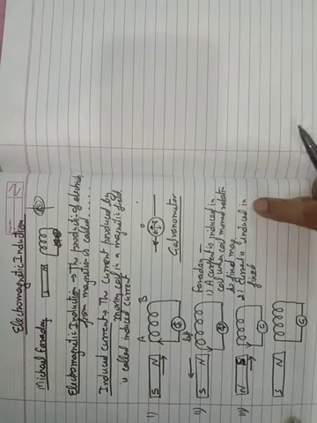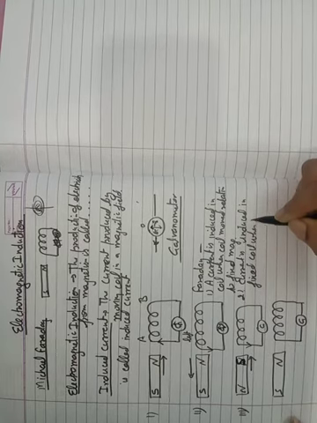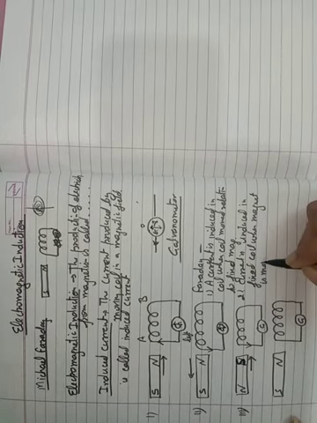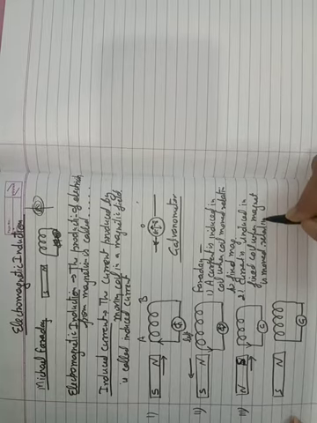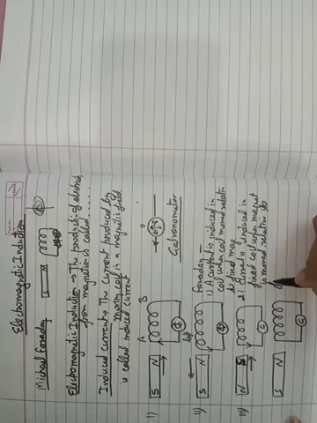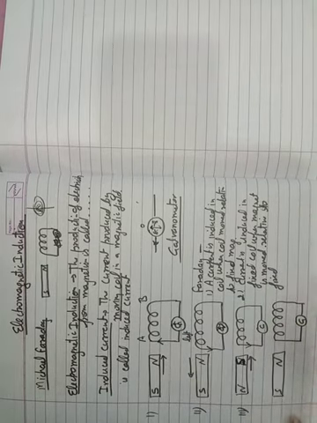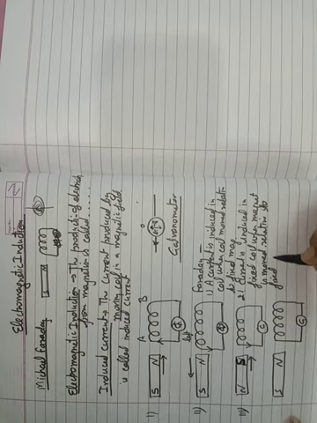So the current is also induced in a fixed coil when magnet is moved relative to fixed coil. It means we don't move the coil, but now we are moving the magnet. So by moving any of these, the magnet or the coil, the current is induced. Now here is a fixed magnet, fixed coil.